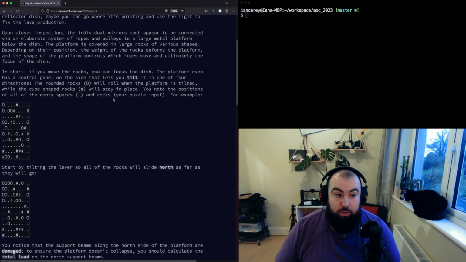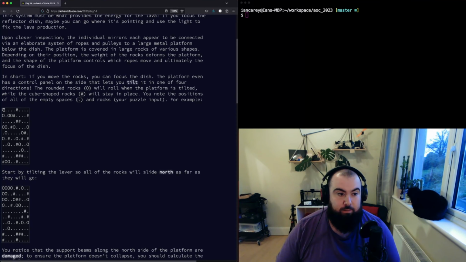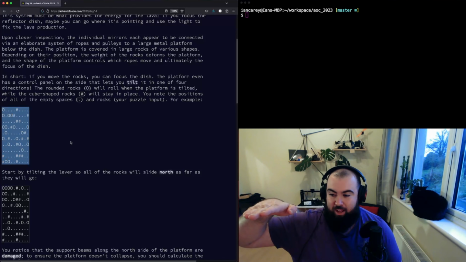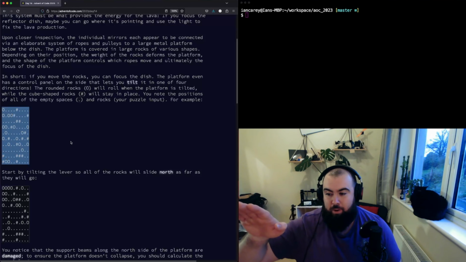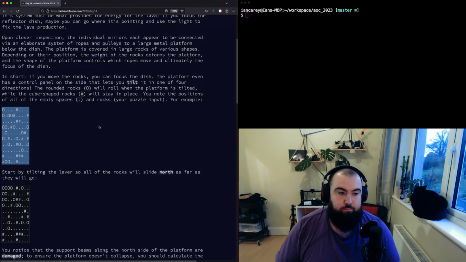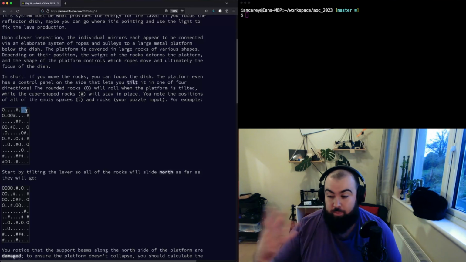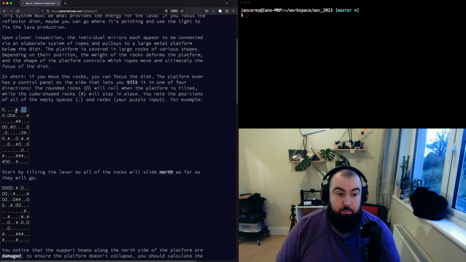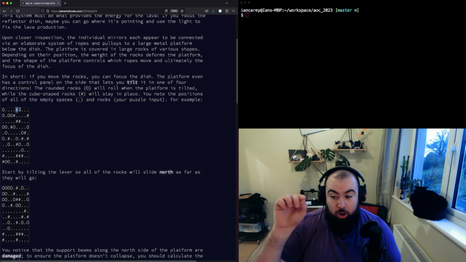Our input for the puzzle is this thing here. It represents our table. You can imagine it's a flat table, and it can tip forwards, backwards, left, and right. The symbols mean different things. The dots mean empty space. The hash symbols are rocks that are fixed in place and don't move.